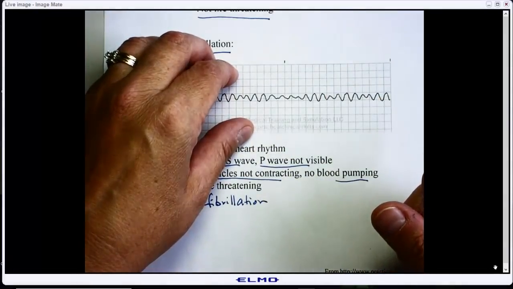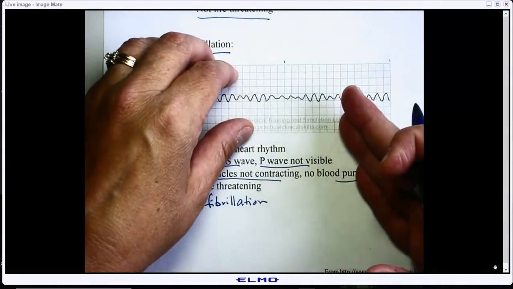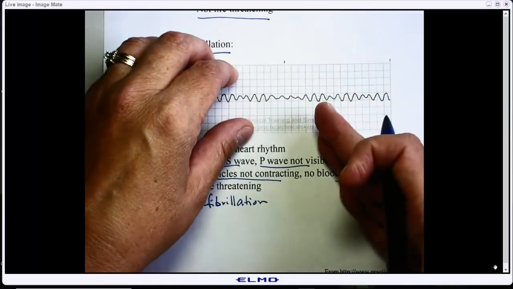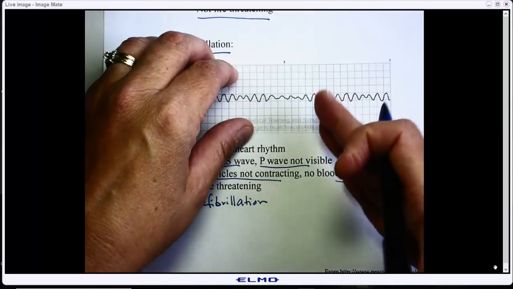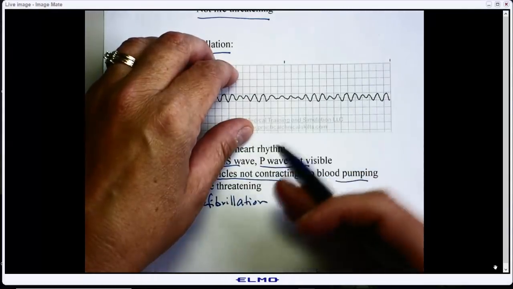Nobody can go. Nobody can contract. Nobody can pass an action potential. And then who will be the first to start that action potential up again? Hopefully it's the SA node because it's going the fastest.